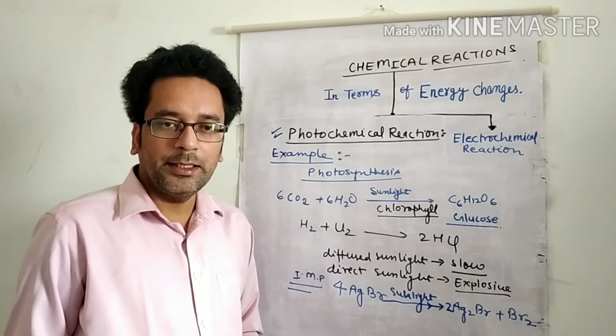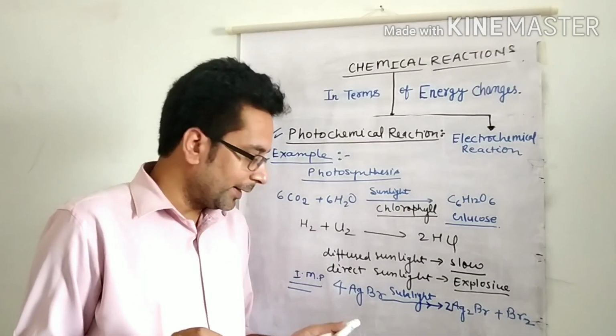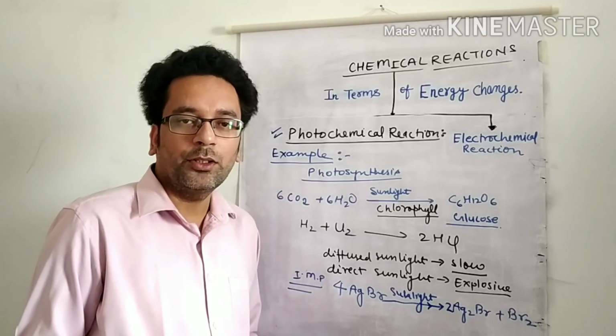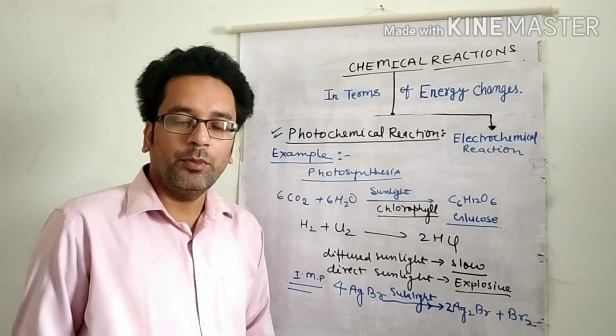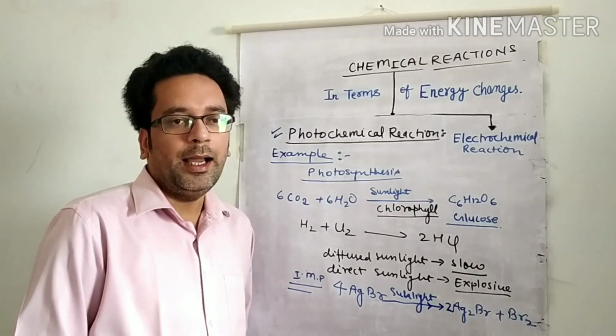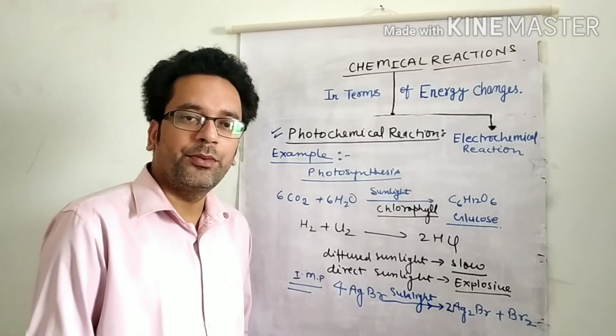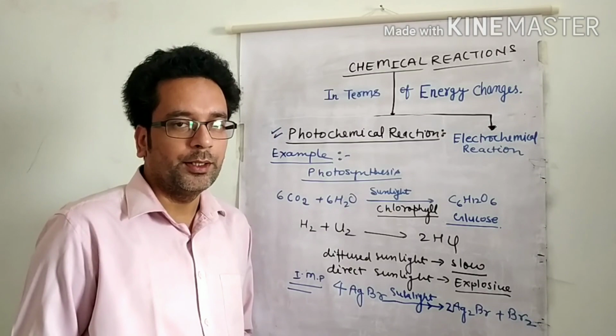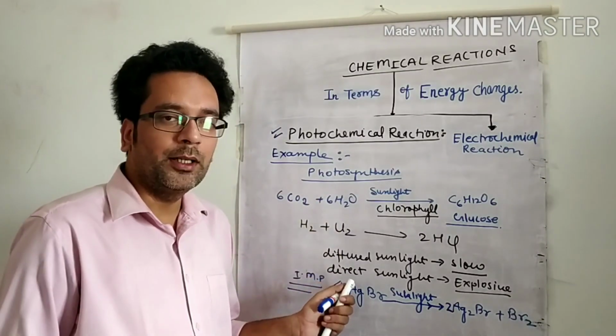The answer is that if we keep this silver salt in a normal bottle, it comes in direct contact with sunlight and dissociates to form different products. So these are the photochemical reactions.